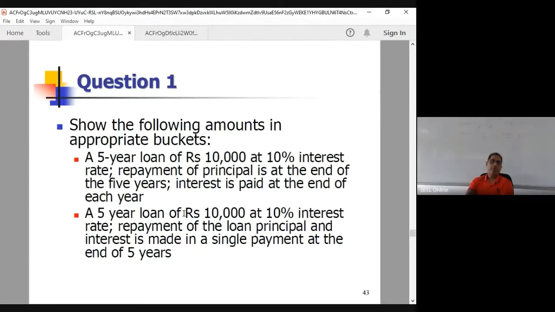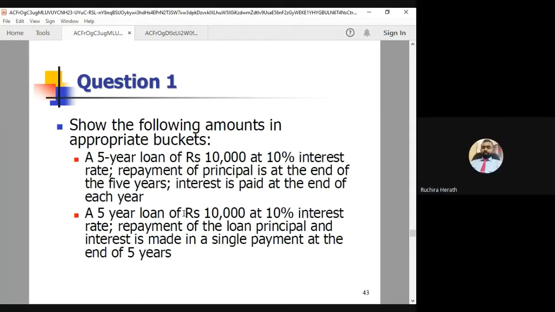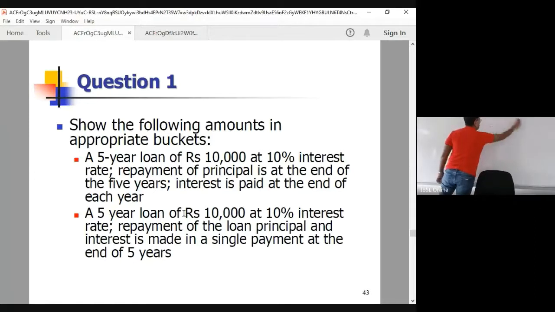Let's not worry about the calculation, just figure out where you put what. When is the repayment happening in that loan? At the end of 5 years. So where does the principal go? Bucket 5. Is there any principal repayment in between? No.